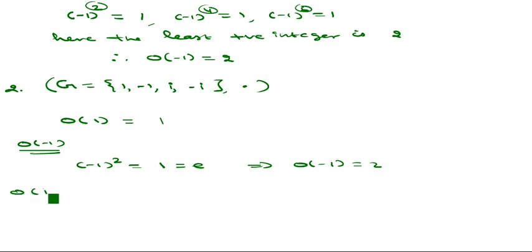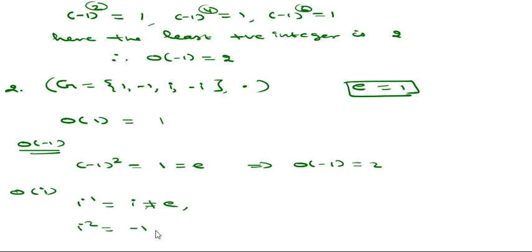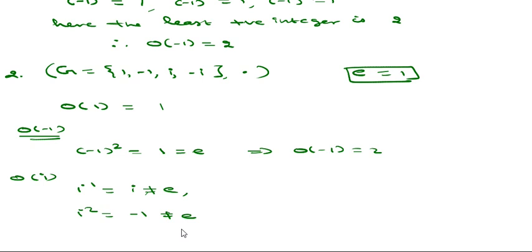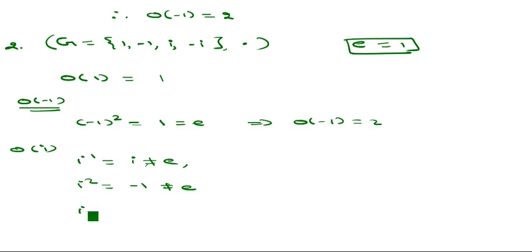Next we will find order of i. i power 1 is equal to i, which is not equal to the identity. For this group the identity element is 1. i square is minus 1, which again is not equal to e. i cube is minus i, again not equal to e. i power 4 is 1, which is equal to the identity element.